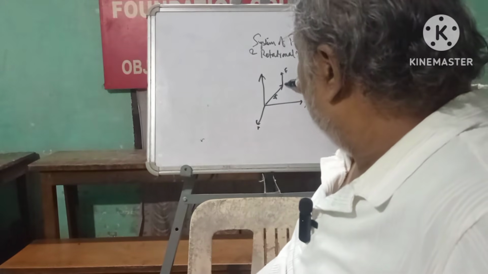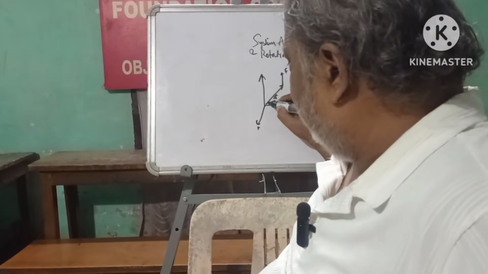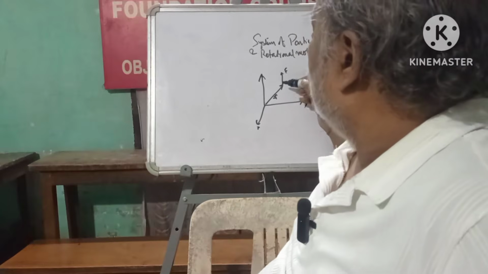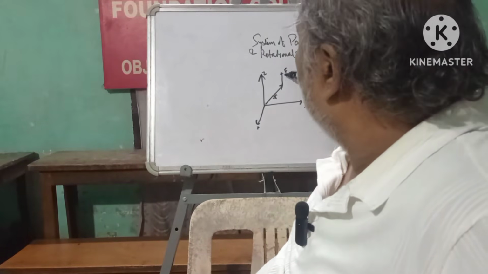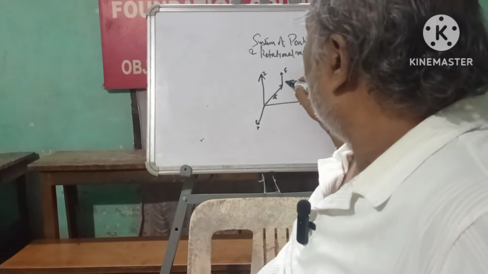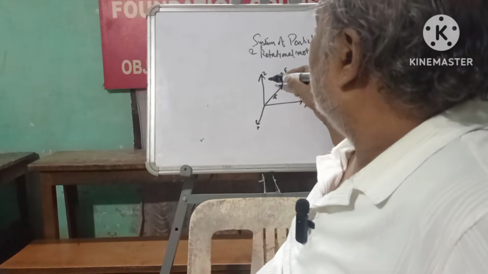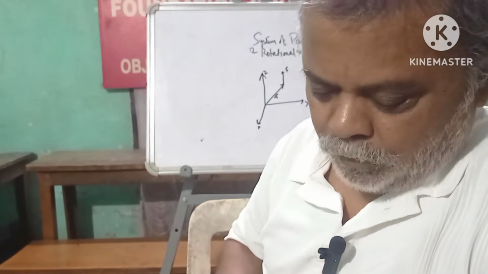If the force is in opposite direction and the position vector is in opposite direction, then your cross product will give the same direction. But if your force is in opposite direction and your position vector is in the outward direction, then the torque will be minus z.